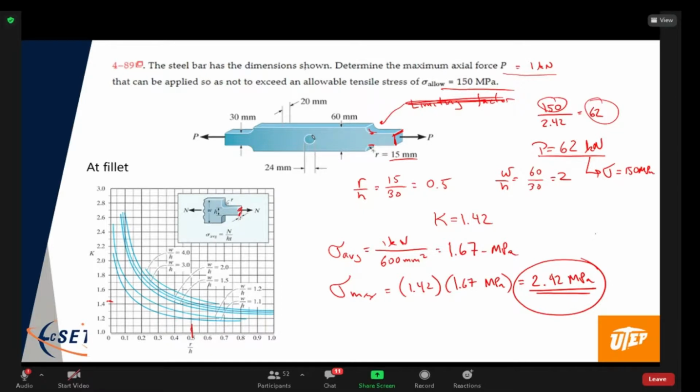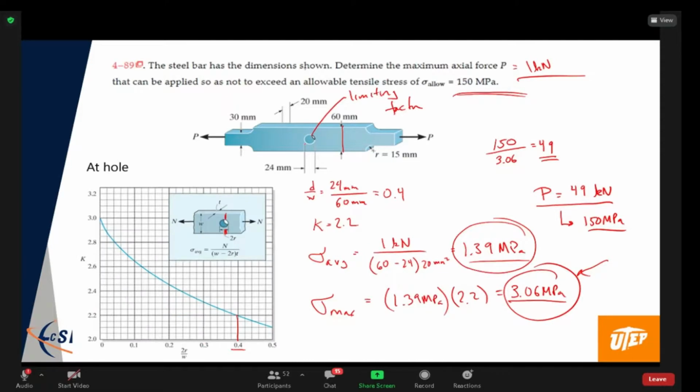But before you get to 62 kilonewtons, the stress at the hole will become greater than the allowable stress. So that's actually going to fail first. So in this particular case, the limiting design issue here is this hole. And so the maximum force that you can apply is actually the 49 kilonewtons, okay?